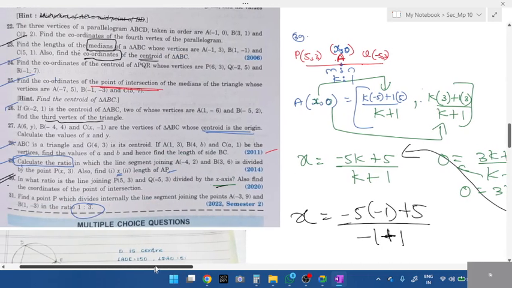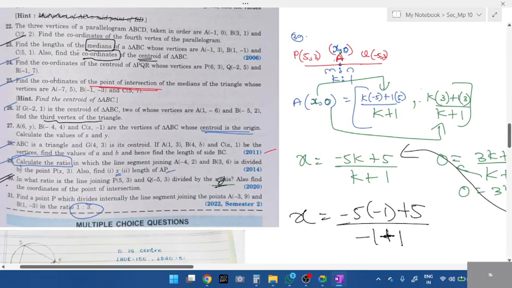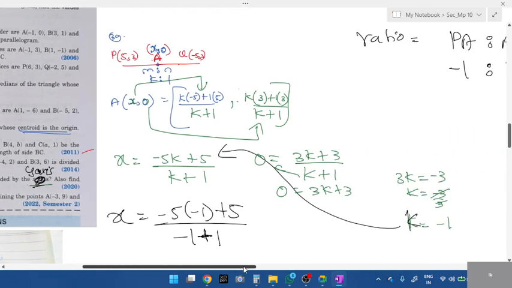It is supposed to be y-axis here. Okay, but the concept is the same. All of you understood the concept, how to solve?